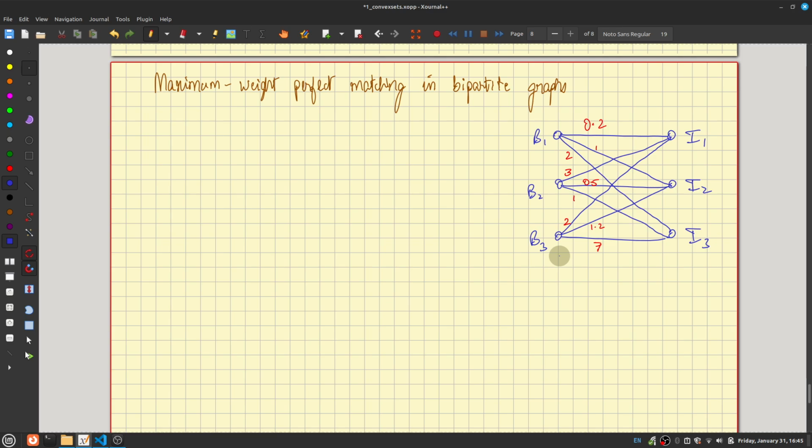This is given to you. You know which buyer is willing to pay how much for each item. Your goal is to maximize your income. So how do you allocate items to buyers such that the total amount of money that you get is the maximum?